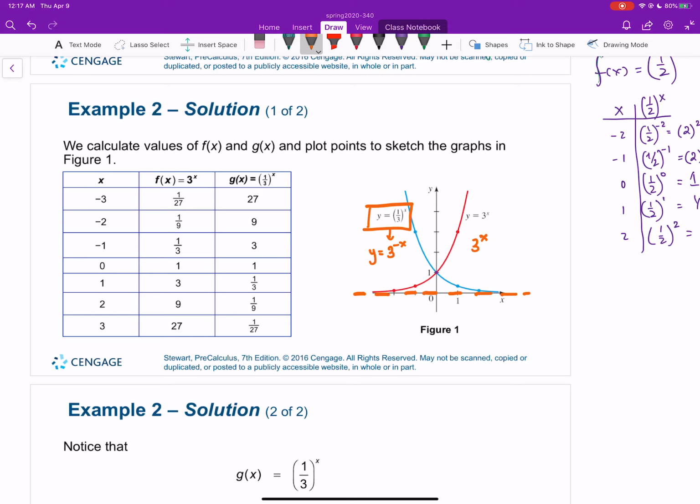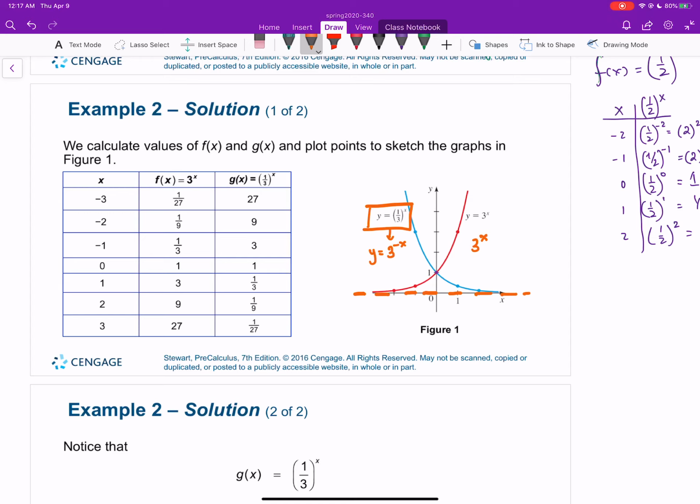It looks like there is some form of transformation going on over here. If I look at the graph of 3 raised to the x and perform a transformation, and I hope you figured out what that transformation is: yes, if you reflect about the y-axis, you end up at the blue curve.